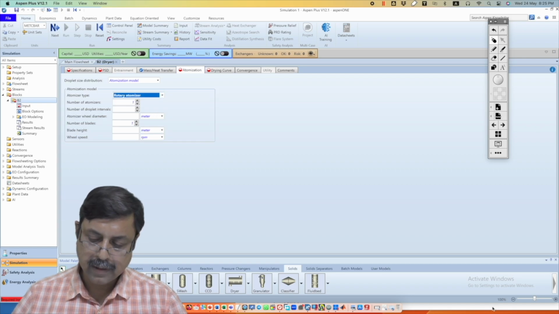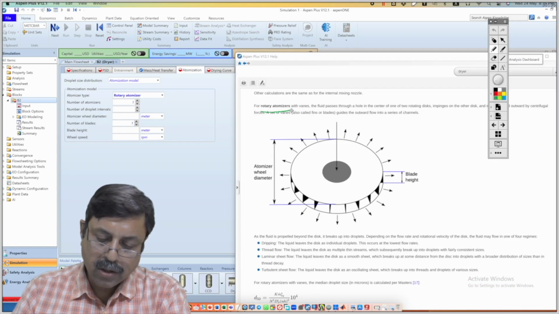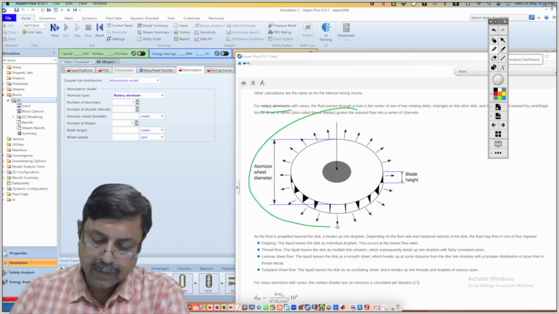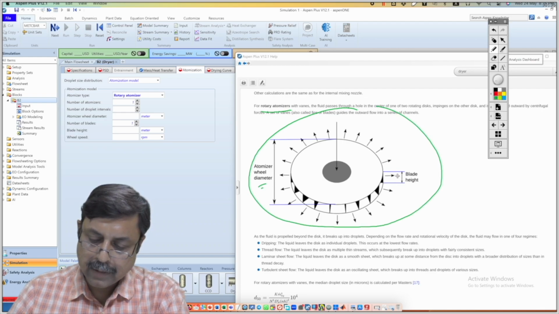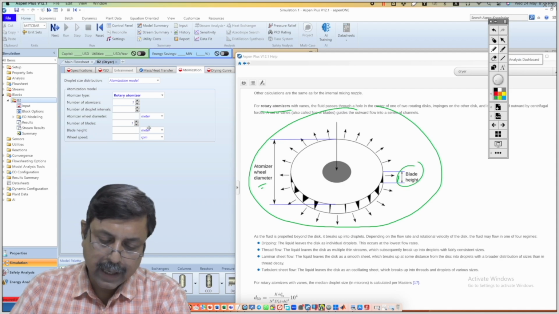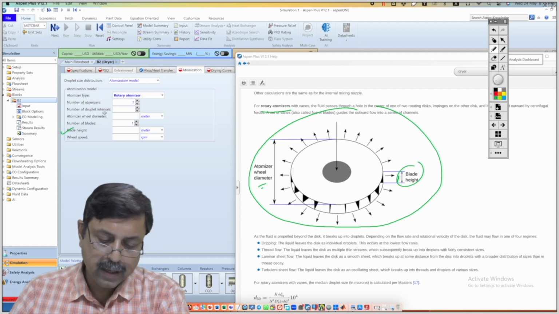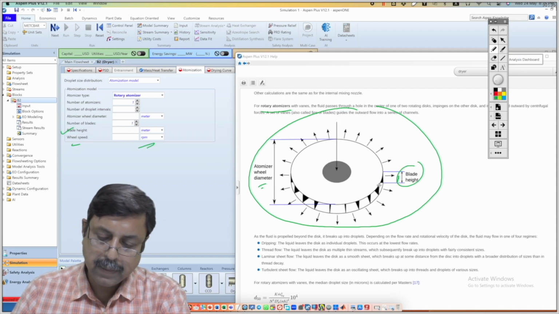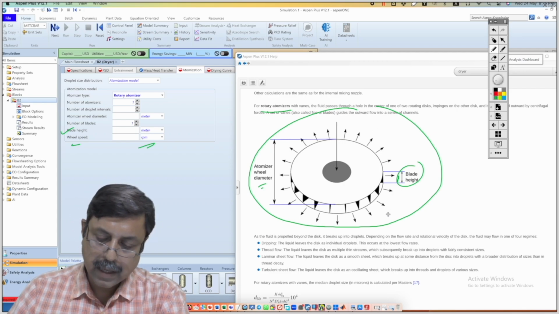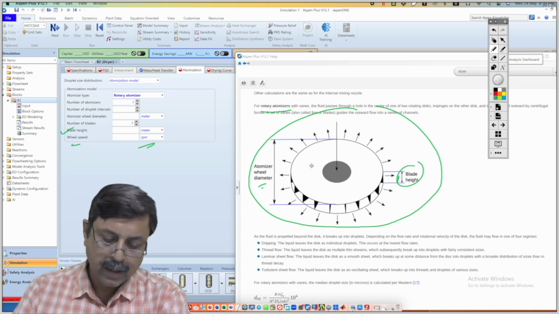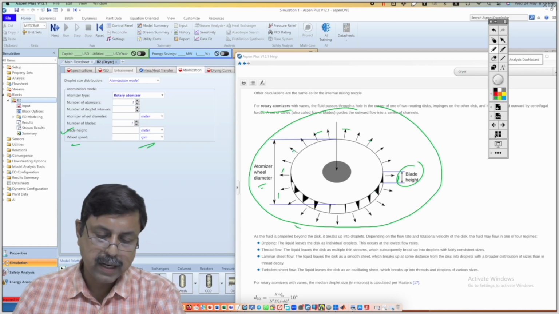rotary atomizer. So the rotary atomizer looks like this. This is the atomizer wheel, and these are the blade heights. And blade height you have to provide, the wheel speed in RPM, because the atomizer rotates. So RPM you have to provide, and the number of blades, how many blades will be there, that also you have to provide, and the atomizer wheel diameter.